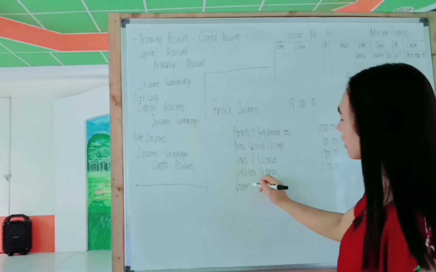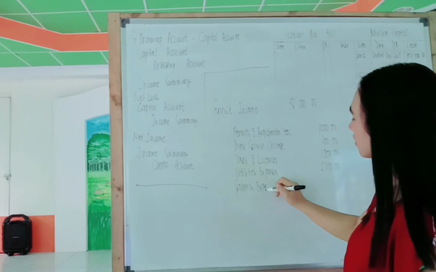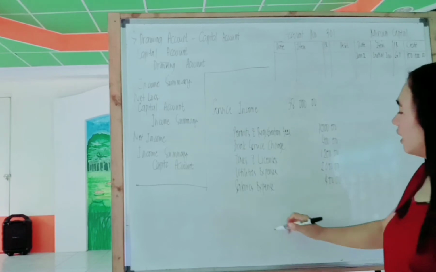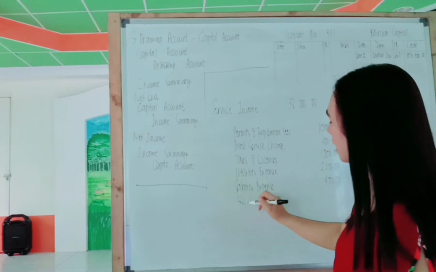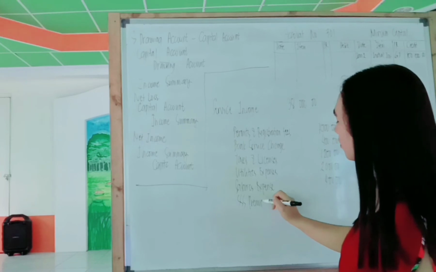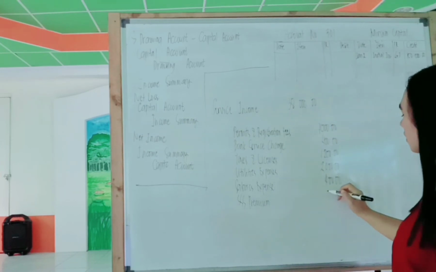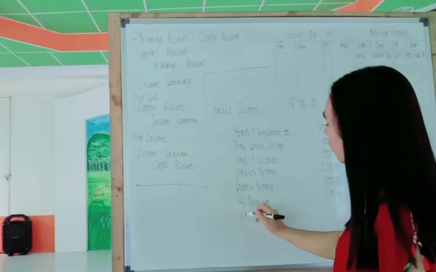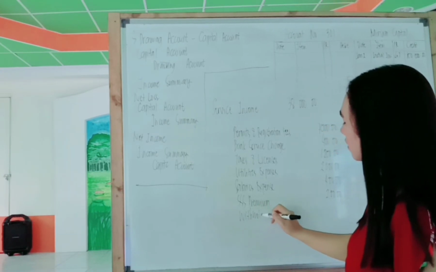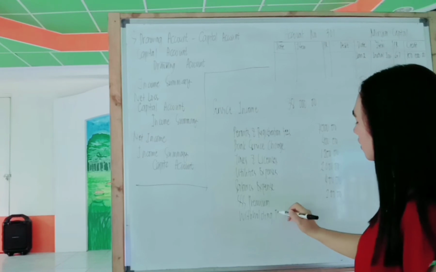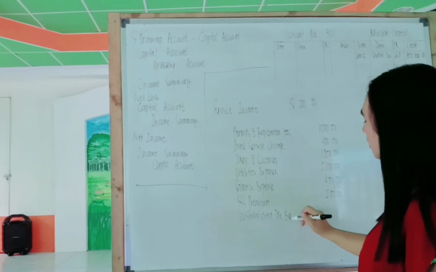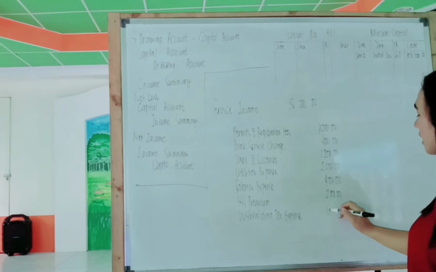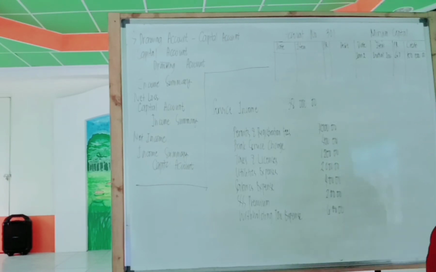And then, salaries expense, 400 pesos. And then we have your SSS premium, 200 pesos. And then our withholding tax expense is 600 pesos.